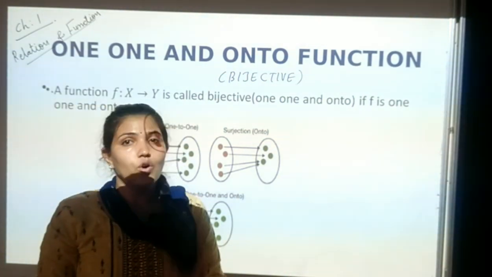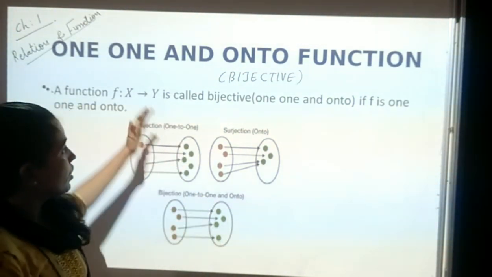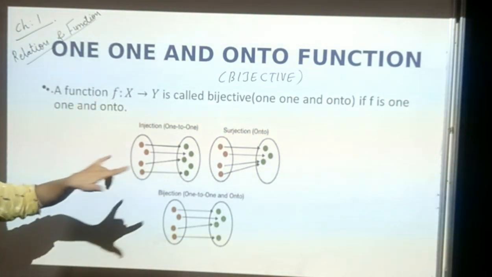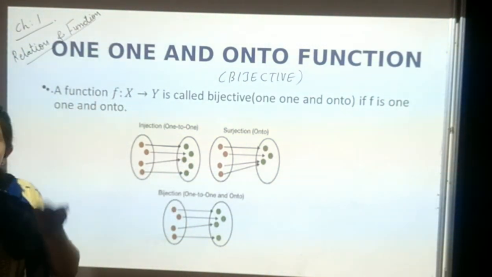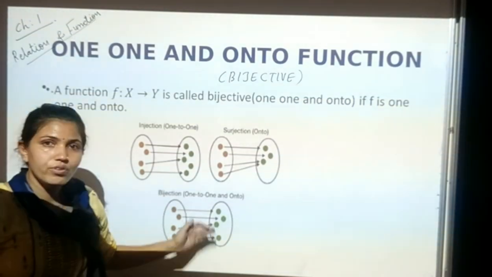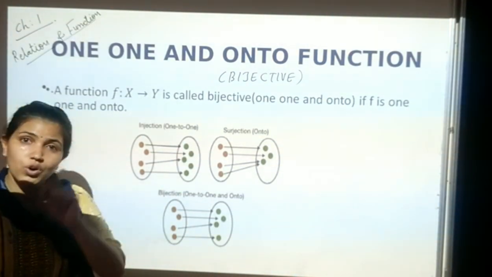So if one-one and onto is clear, then what is bijective? Bijective is a combination of both. What is the combination? The function must be one-one as well as onto.